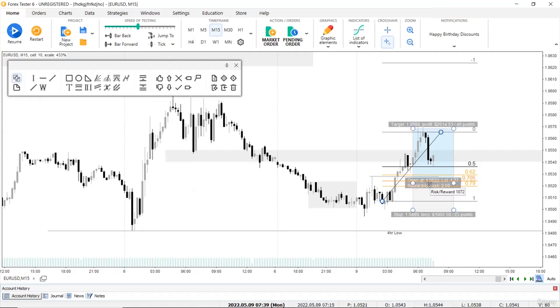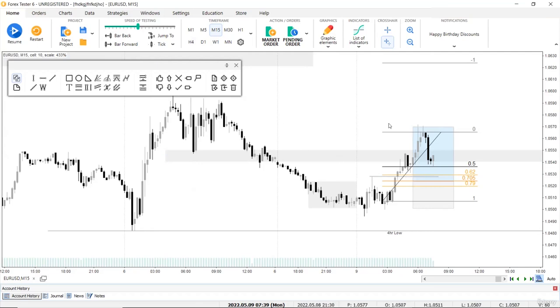So when we remeasured that, we saw that one of the entry points moved away from the fair value gap. So I'm just going to be using the first one that's still in the fair value gap, which is the 0.705 level on the Fibonacci.